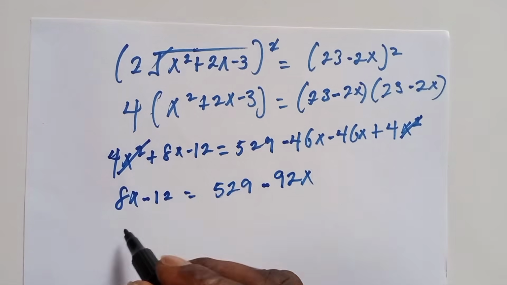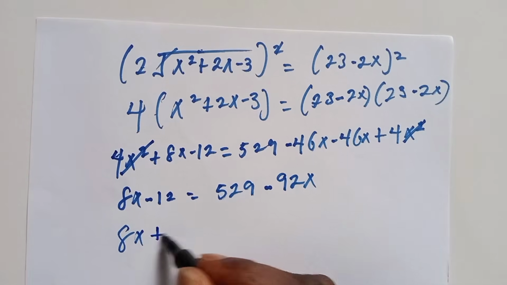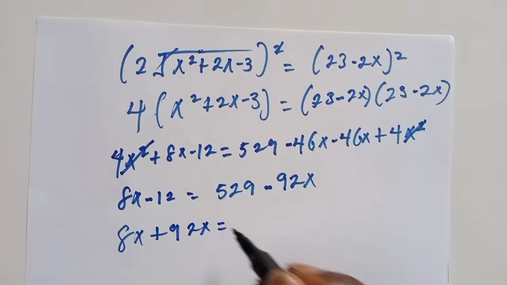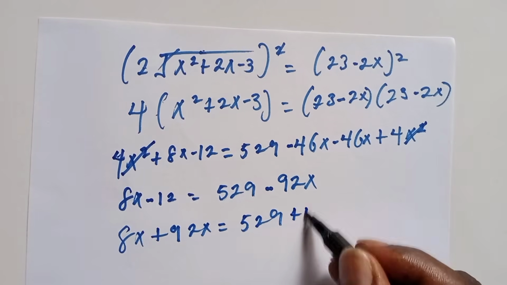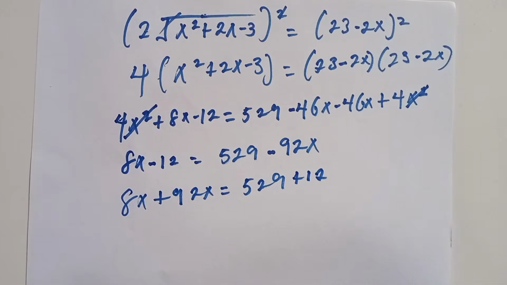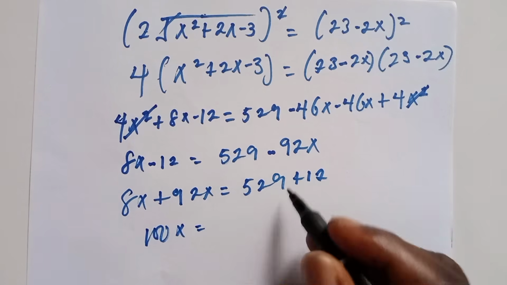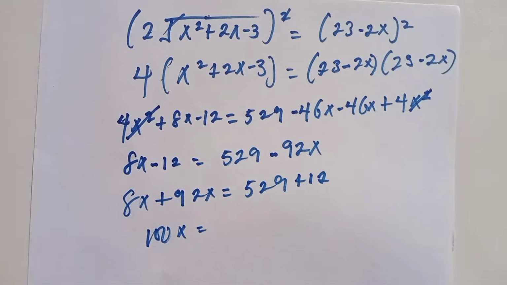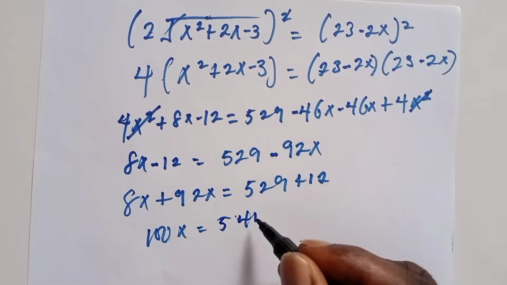So from here we have 8x. If this comes to the left hand side, we have plus 92x is equal to 529, and then 12 comes to this side, plus 12. Now from here, this becomes 100x is equal to 529 plus 12, which is equal to 541.